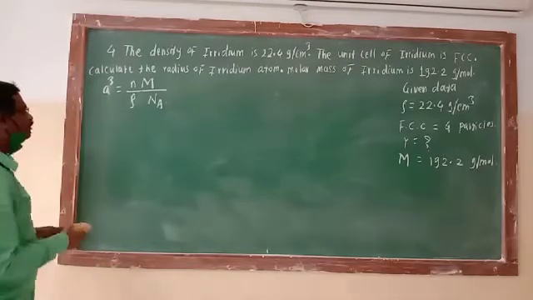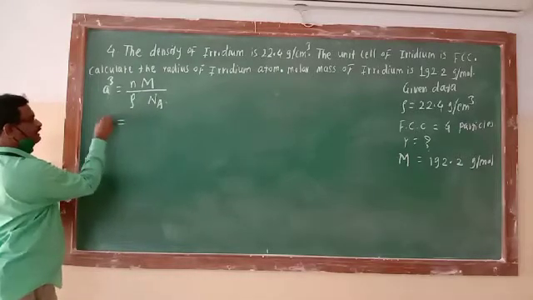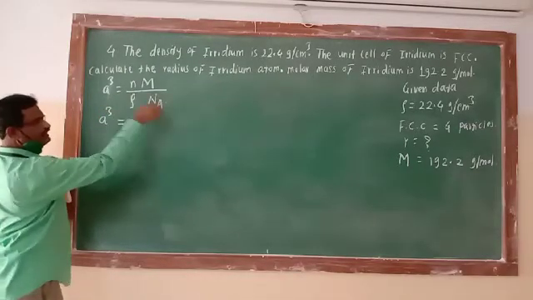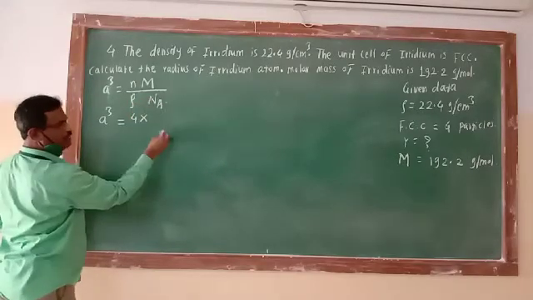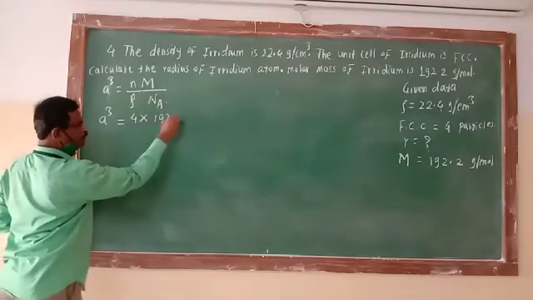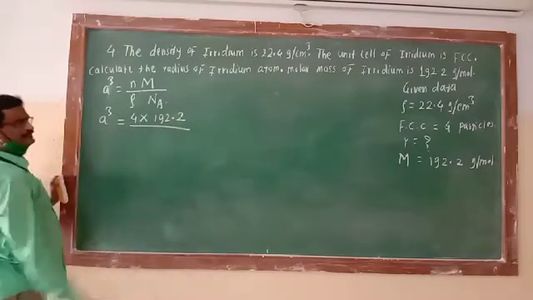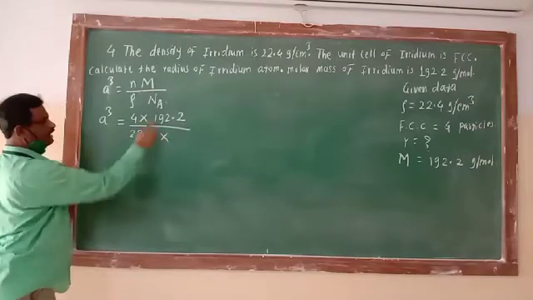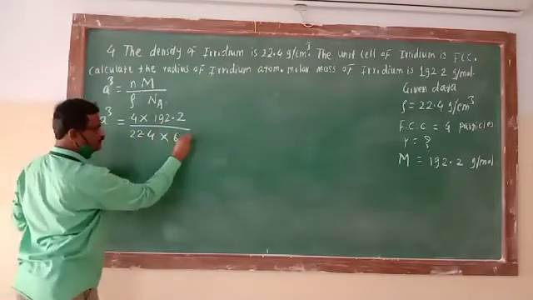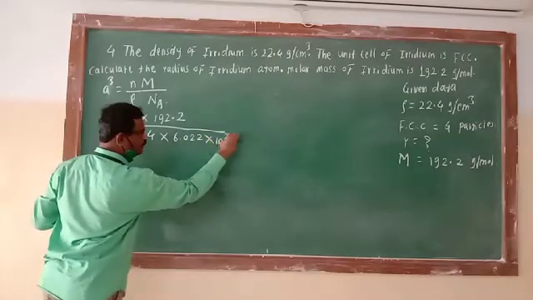So let us substitute the values. a cube will be equal to N, the number of particles 4, multiplied by M, molar mass 192.2, divided by density 22.4 multiplied by Avogadro number 6.022 into 10 raised to 23.